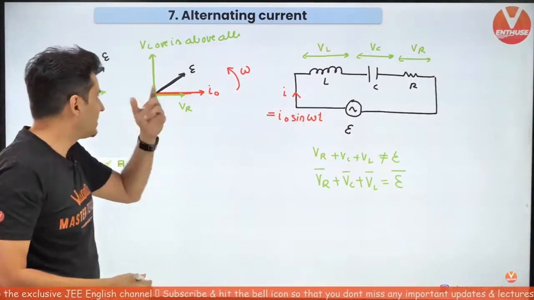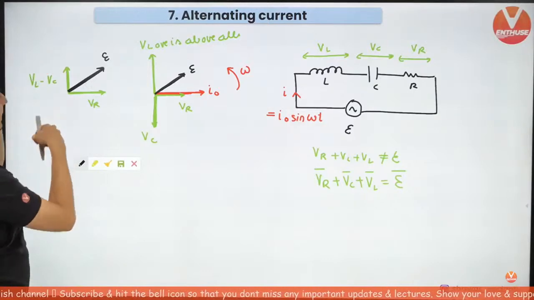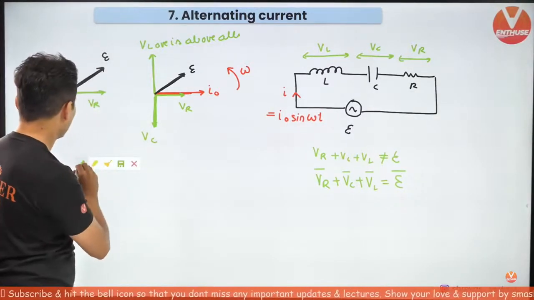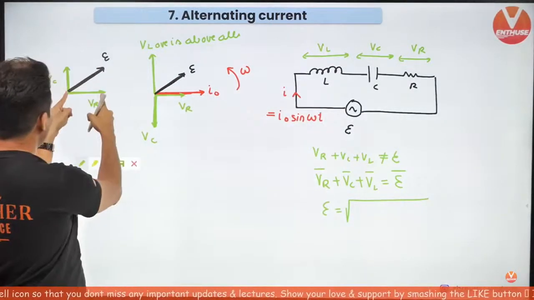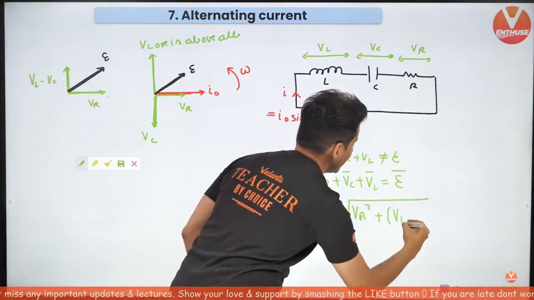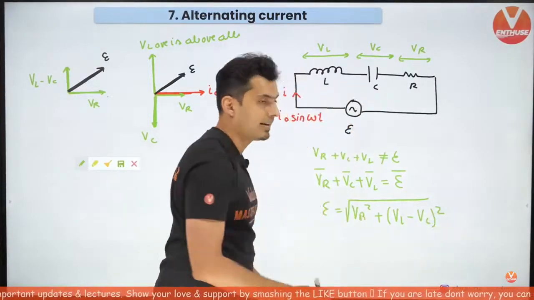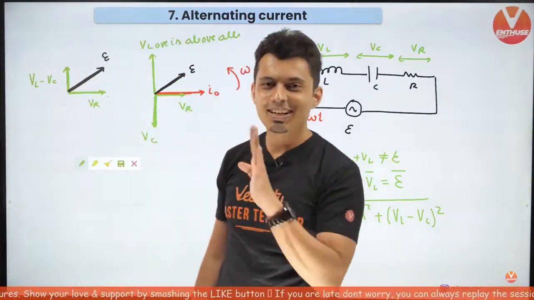So you might be wondering, sir, what is the magnitude of this EMF? Well, you can see it directly from here. It's Pythagoras. So strictly speaking, what is E? E is nothing but root of base square plus height square. So E equals root of VR square plus (VL minus VC) whole square. As simple as that. Got it? Is it understood?